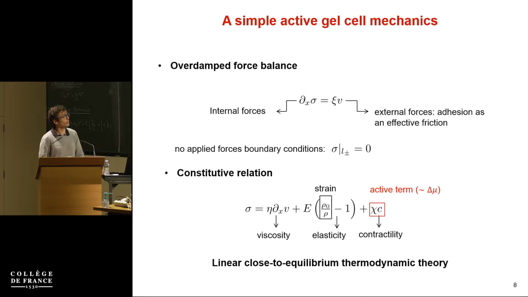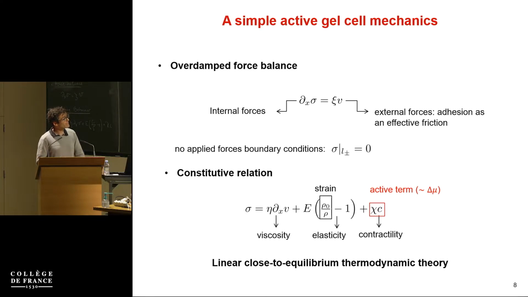This is a certain limit of the system. Pierre in the audience, I think, is a specialist of more complex laws and justification of this type of law from micromodels. And there are no forces applied at the cell ends, so there are zero tractions here.